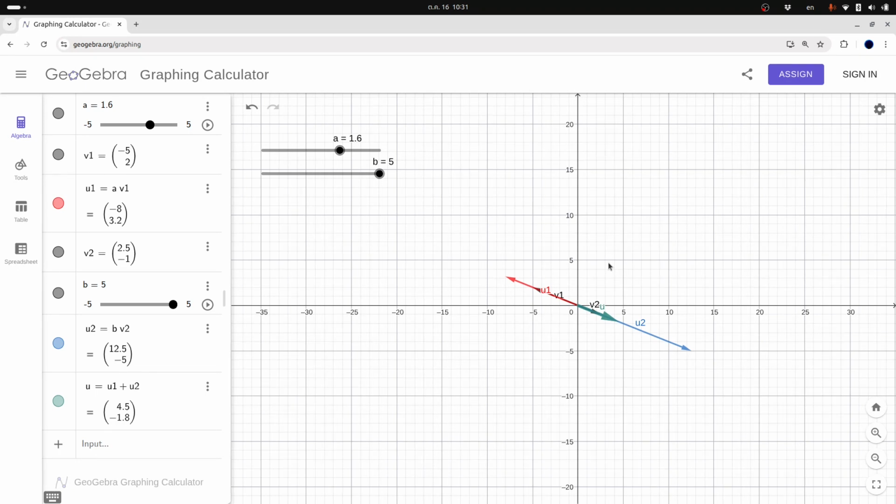So now, if we take any linear combination of v1 and v2, what do we get? We only get vectors on this line. These two vectors v1 and v2 are different vectors, but their span is only a line, because they are parallel.